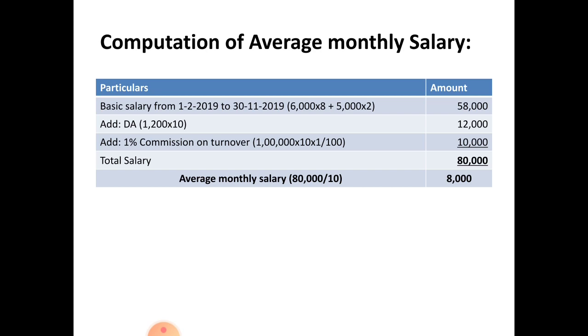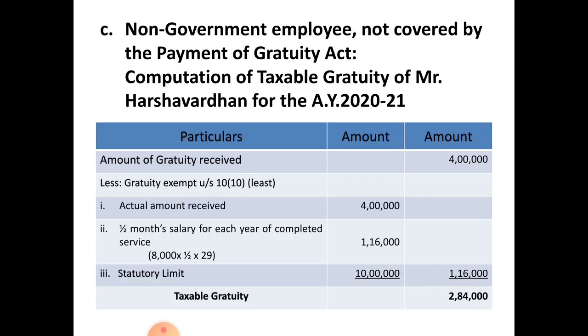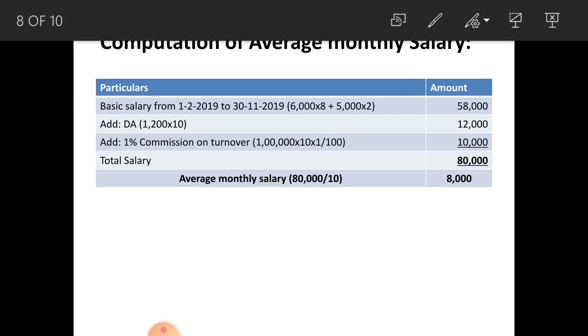So his total basic amounts to rupees 58,000. For that you have to add DA, that is 1,200 into 10. Here there is no increment in DA as they particularly mentioned that increment is on basic only. That is why 1,200 into 10, that is 12,000, and you have to add 1% commission on turnover only.